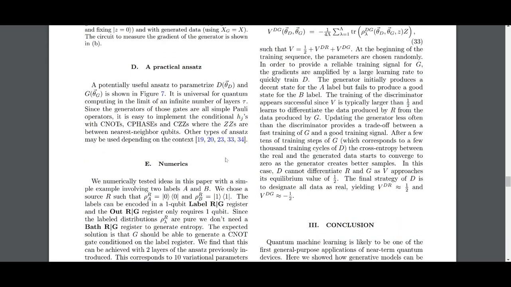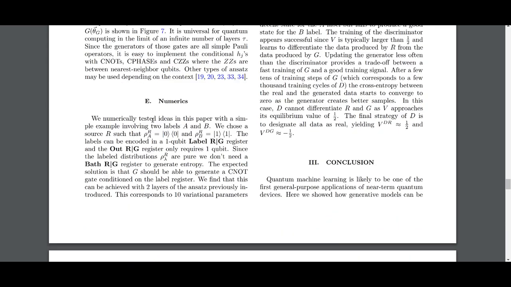And the paper says they've numerically tested the ideas with a simple example involving two labels, A and B. They chose a source R. So what they did is they have two labels, A and B, where A is 0, because this is the notation for the density matrix for 0, and B is 1.